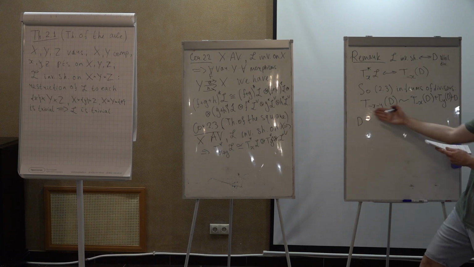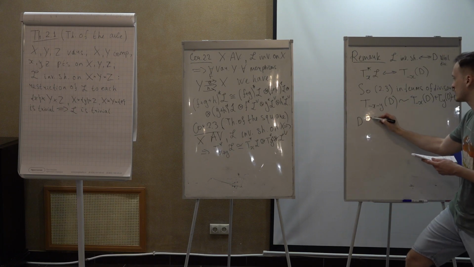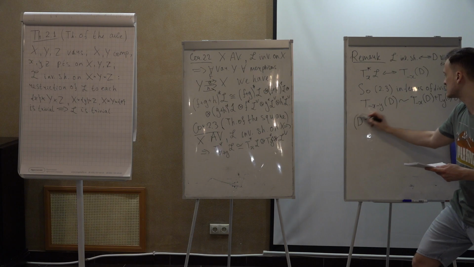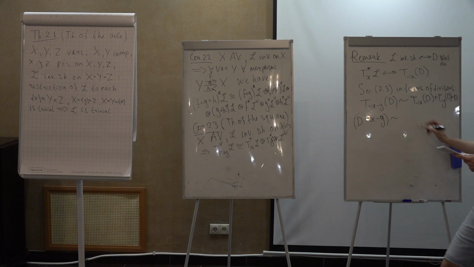So shift is basically, we do what? We subtract from each point of D x and y, right? So this is equivalent to D minus x plus D minus y minus D.